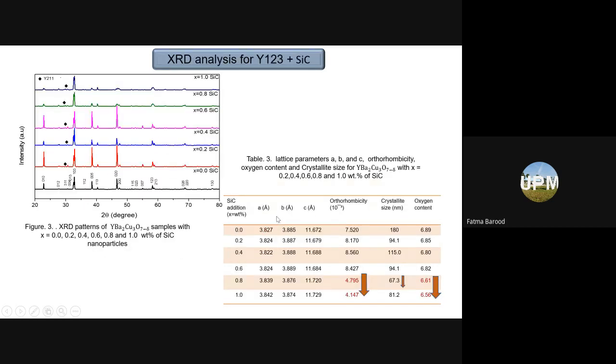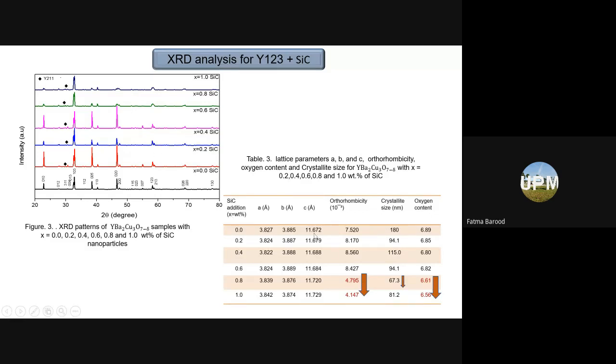And this is XRD data for YBCO with silicon carbide nanoparticles. The figure also shows the major phase in this was Y123 beside a small amount of impurity, Y211. And it's noted that there was broadening in the peaks for the samples with 0.8 and 1 of silicon carbide nano addition.